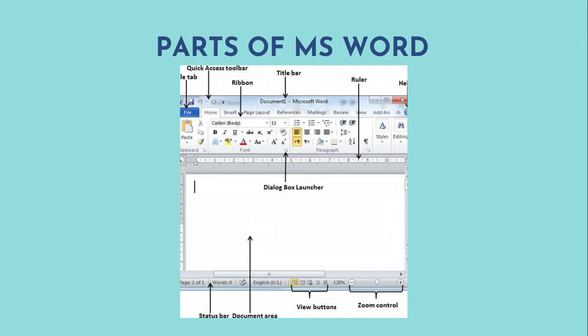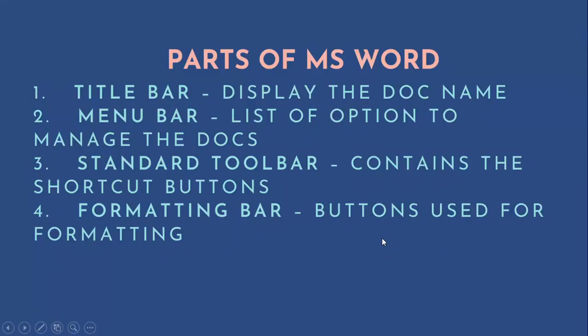Okay, next. So these are the parts and the definitions I already mentioned earlier. The menu bar as well, the list of options to manage the document. The standard toolbar, it contains the different shortcut buttons. We also have the formatting bar, used for formatting, of course. Alright, next, move on. Parts of the MS Word, continuation.